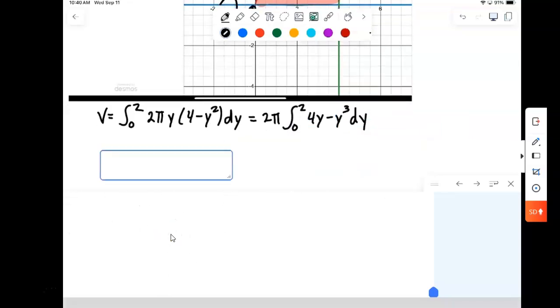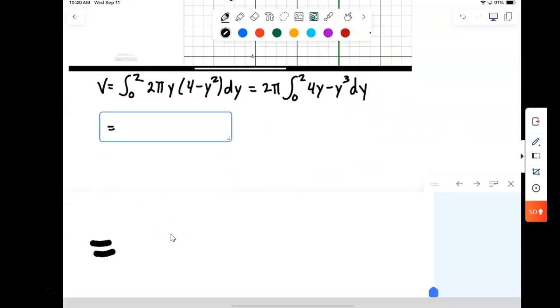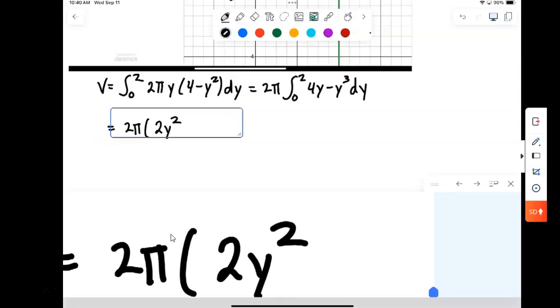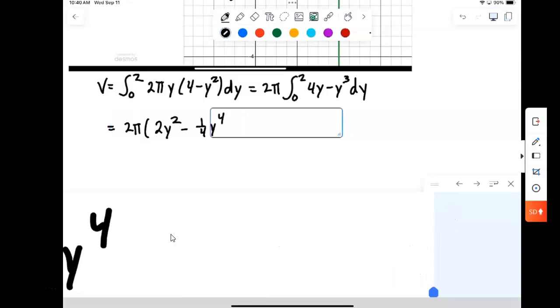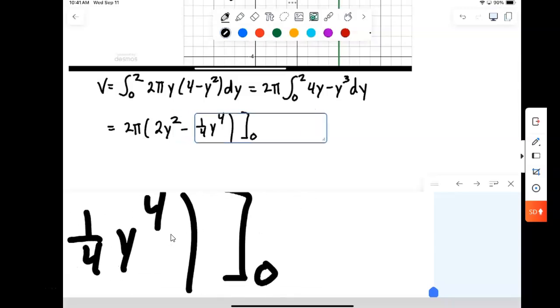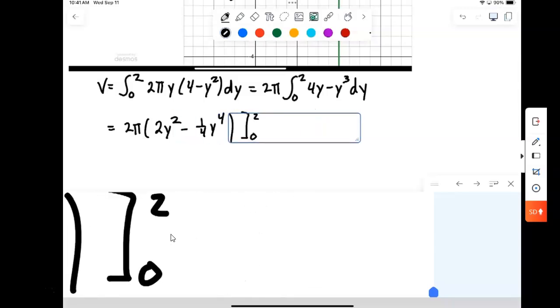And then we just carry this integration process through. So 2 pi on the outside, the integral of 4y would be 2y squared minus 1/4 y to the 4th, and then we evaluate that between 0 and 2.